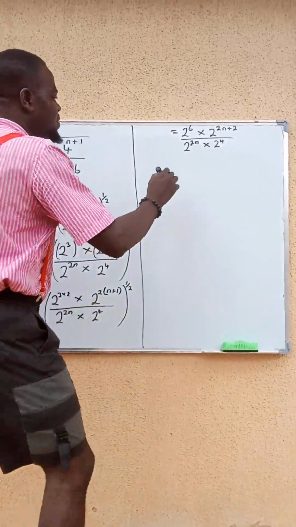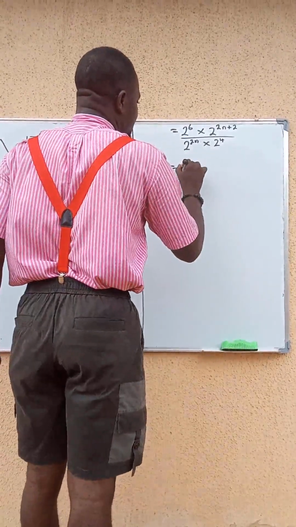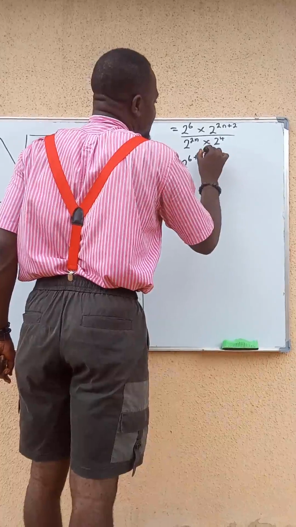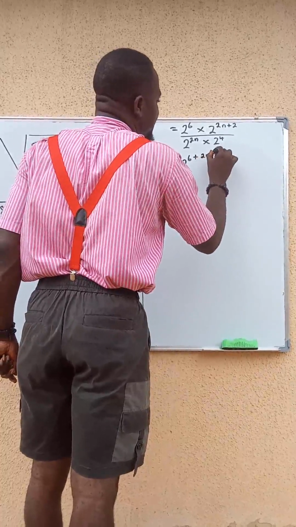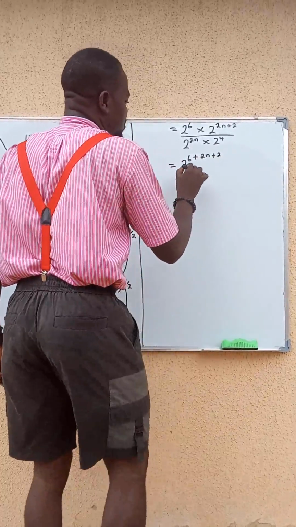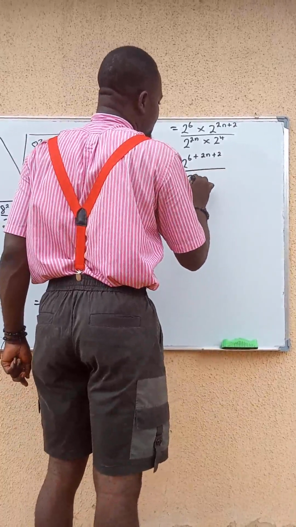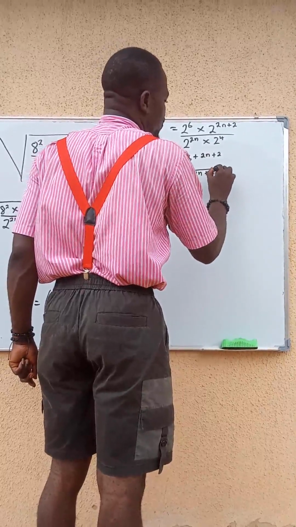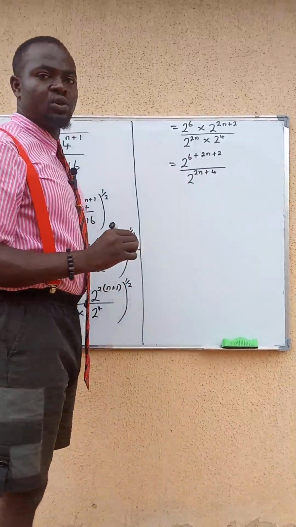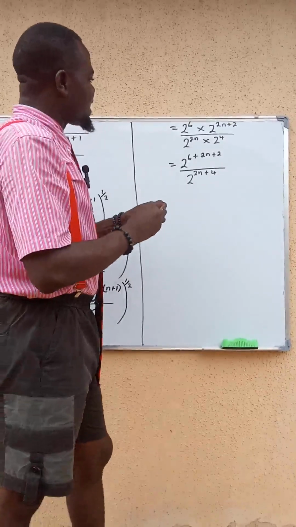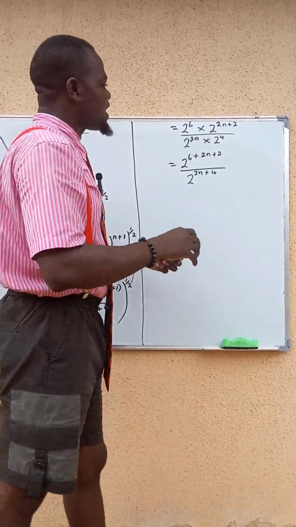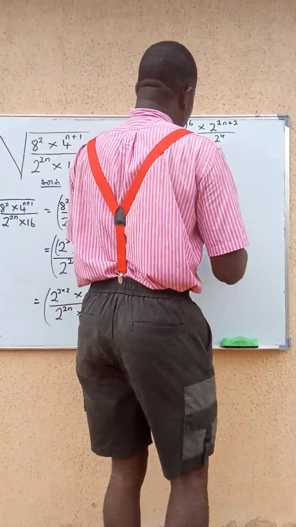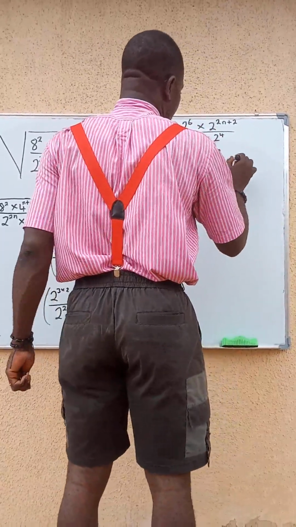So I'll follow the law and say that 2 raised to the power of 6 plus 2n plus 2, over 2 raised to the power of 2n plus 4. That's what the multiplication law said: whenever I'm having multiplication and they have the same base, I should add their powers. So I did justice to that in that way.